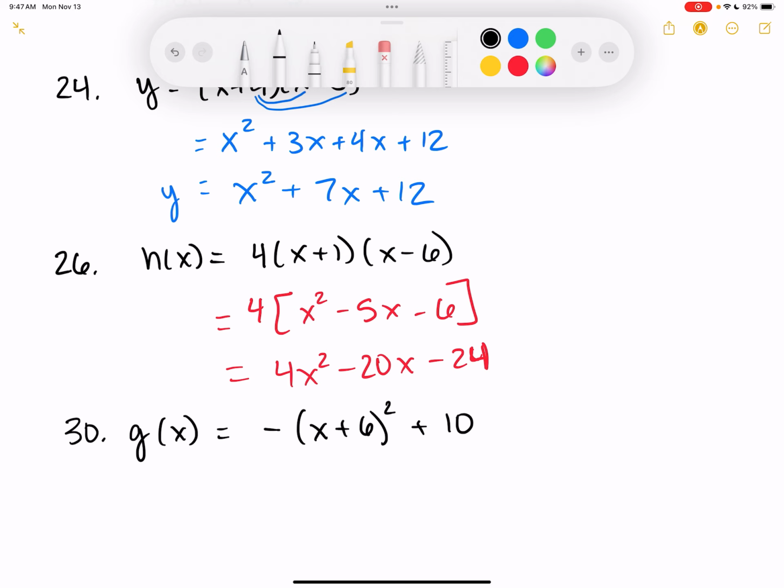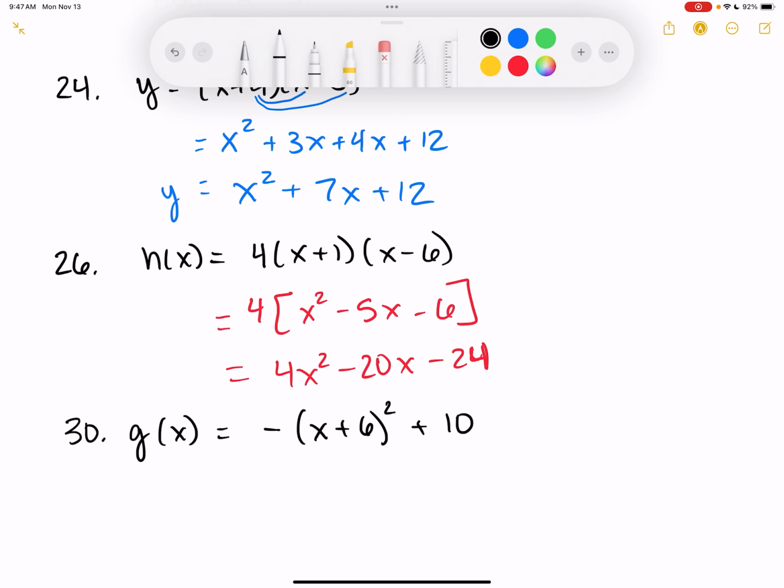So if you have this, you might potentially remember special products from when you did the multiplication back in Algebra 1. When you have x plus 6 squared, that's a perfect square trinomial. If you remember the shortcut for it, you can just go straight there without having to rewrite it.